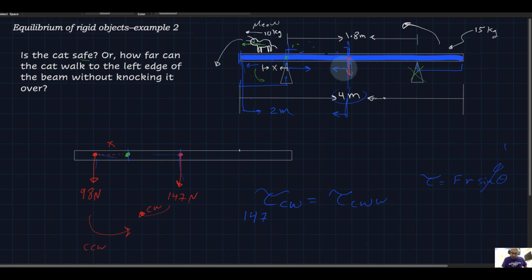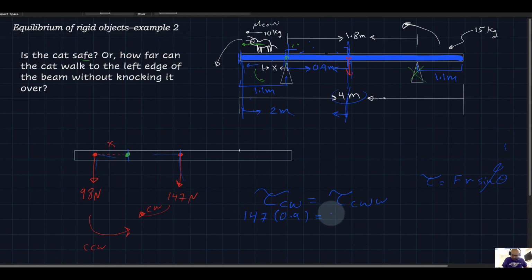So 2.2 divided by 2 is 1.1 meters, and this would be 1.1 meters. So this whole thing is 2 from here to here, minus 1.1 meters, so this distance is 0.9 meters.